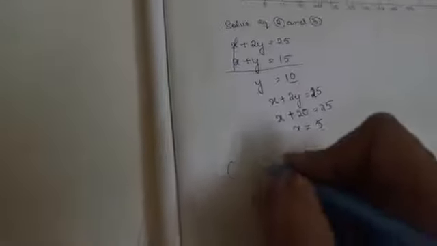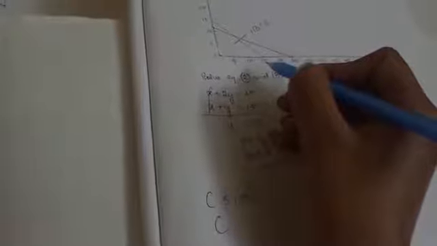So let's write. X is 5, y is 10. I have chosen this one as well. So this one will be 0, 0. This one will be 15, 0.